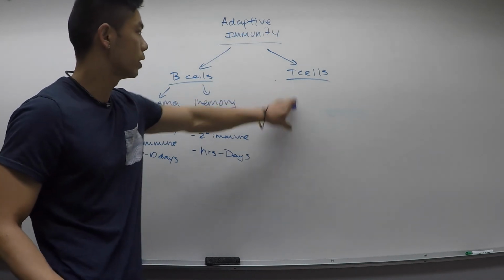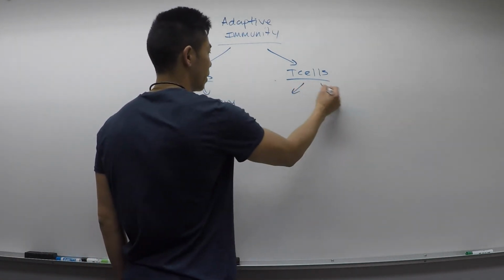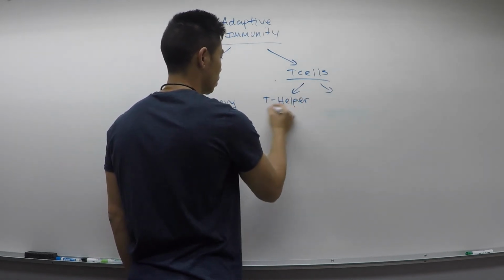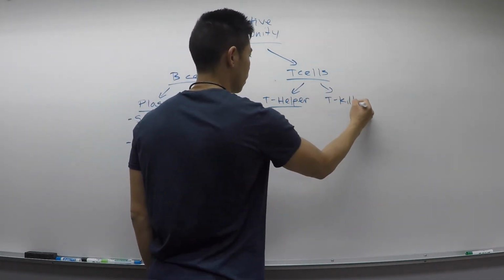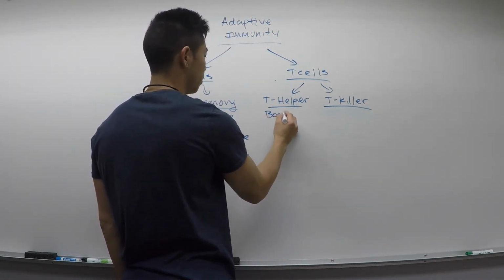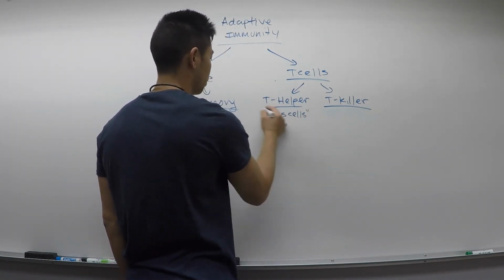So now let's talk about our T cells. Two important ones that we talked about in this video are going to be our T helper cells and our T killer cells. Our T helper cells are going to be basically the boss cells of our immune system.